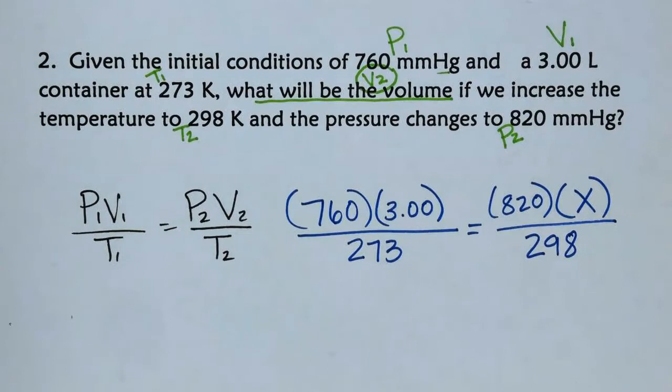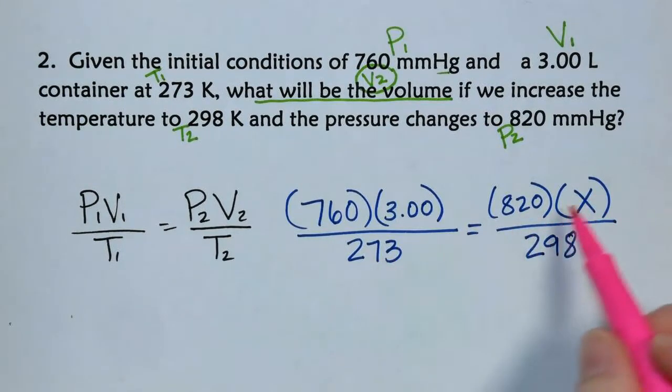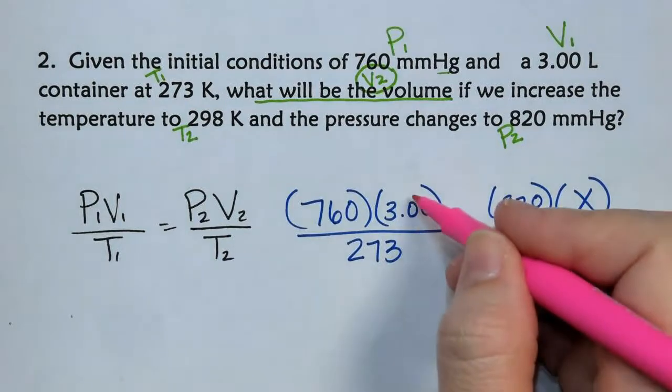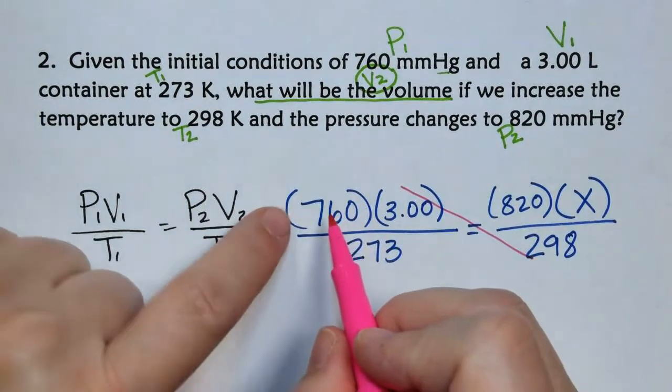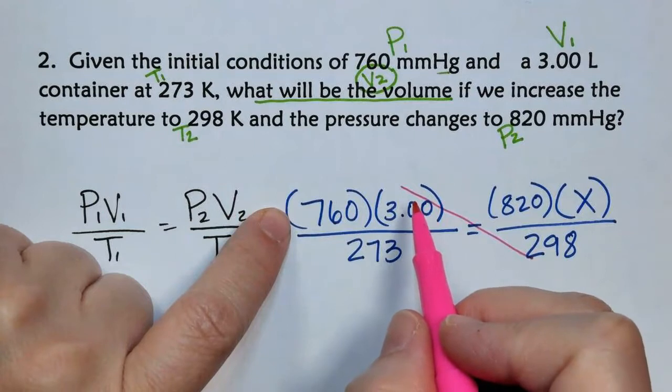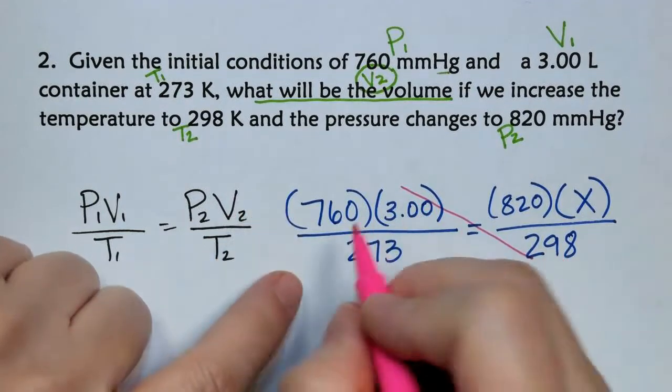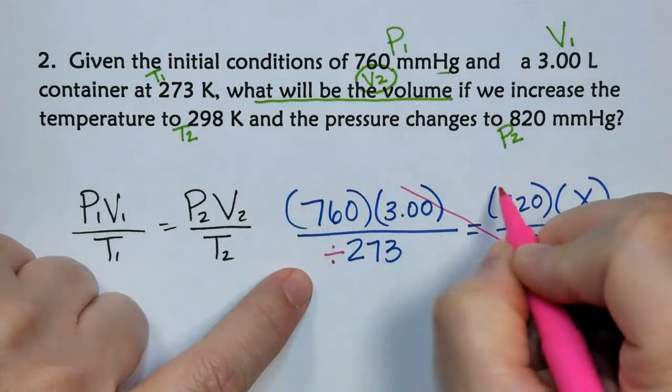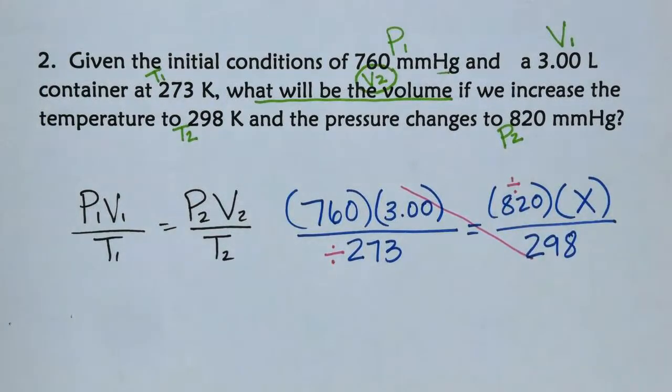So now we can do the math in our calculator. We're going to cross multiply. Don't cross here because the X is here. We're going to cross here. It's going to be 760 times 3.00 times 298. Then hit divided by 273 divided by 820.